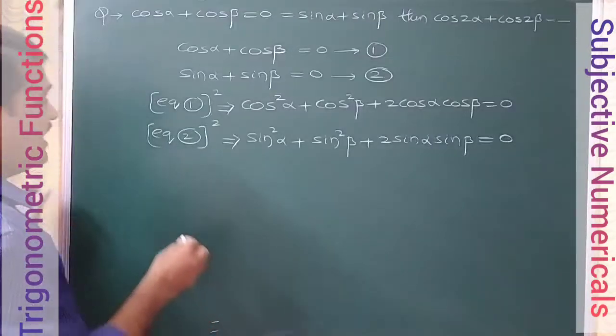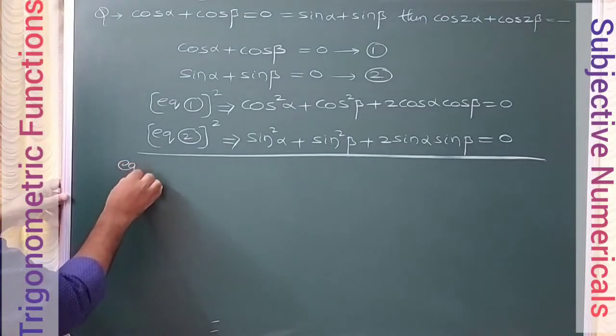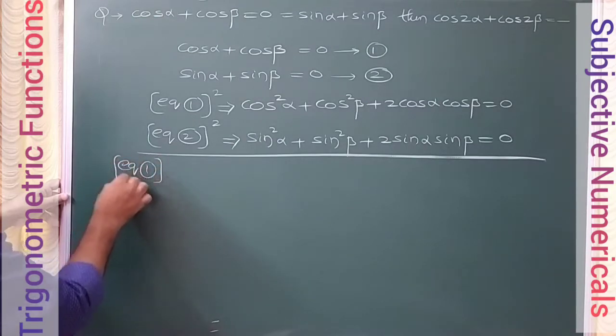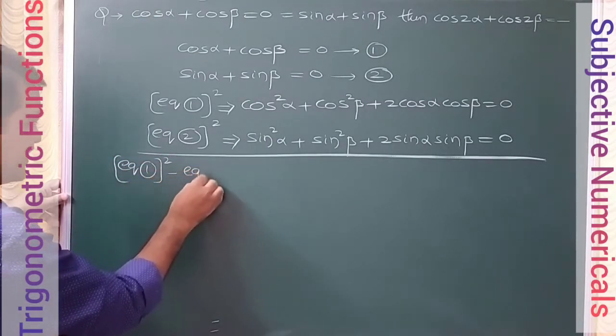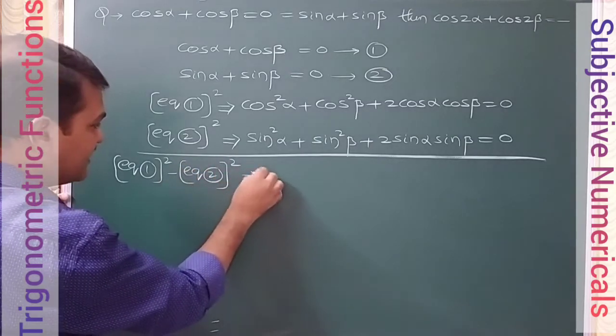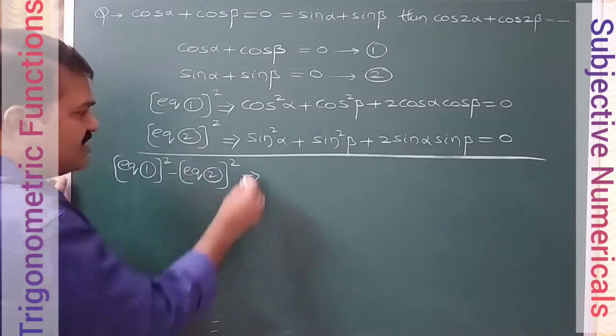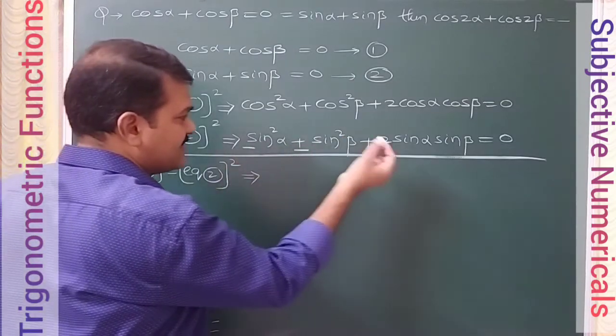So what we have to do is consider equation 1 whole square minus equation 2 whole square. Subtraction means we change the signs.